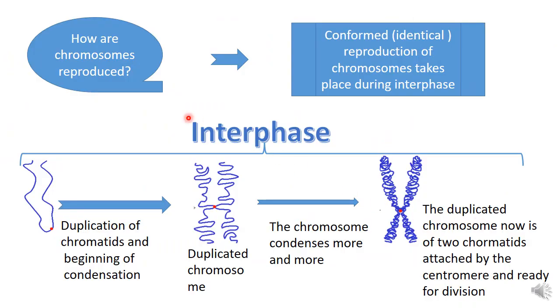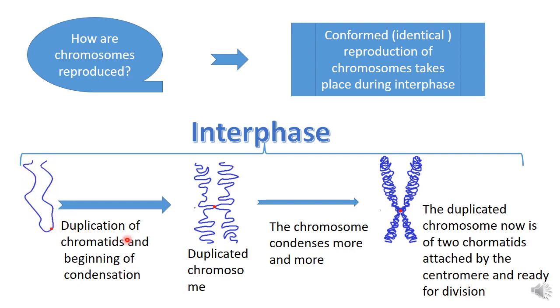Let us answer the second question. How are chromosomes reproduced? The conformed or identical reproduction of chromosomes takes place during interphase. How? Look at the figure below, please. At the beginning of interphase, each chromosome that is long and thin has one chromatid, as you see here in the figure.